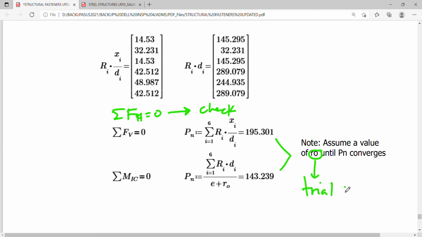Ro until this solution converges, meaning to say both are very, very near to each other, or one may be a fixed value while the other is changing.